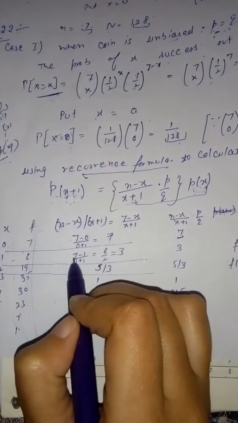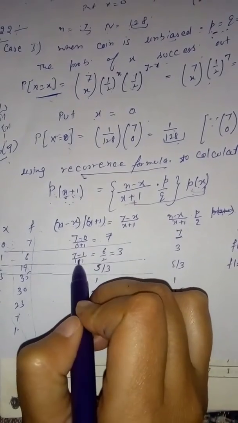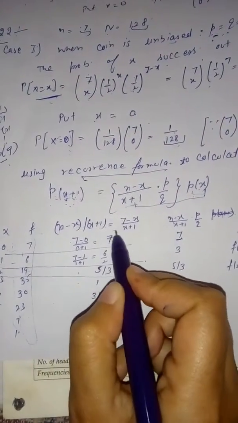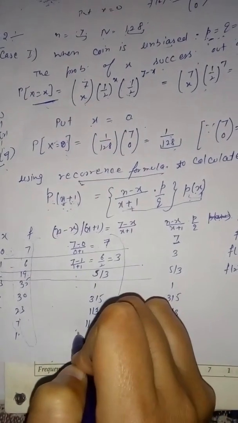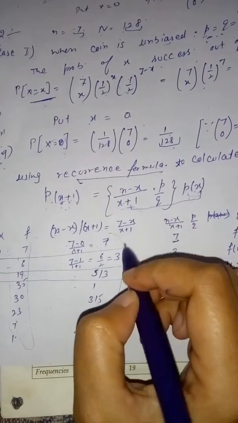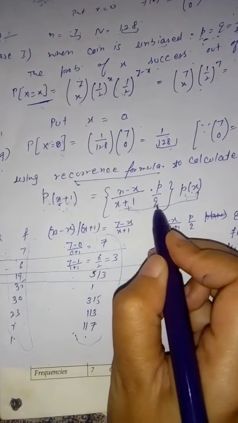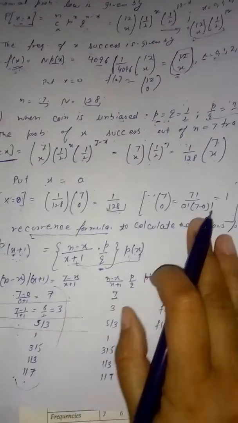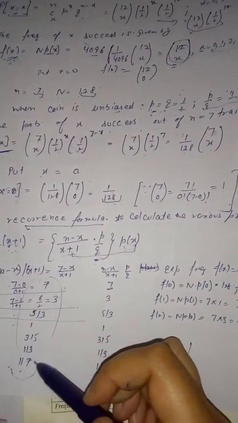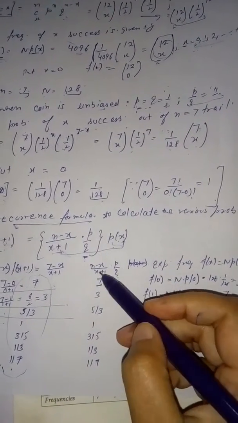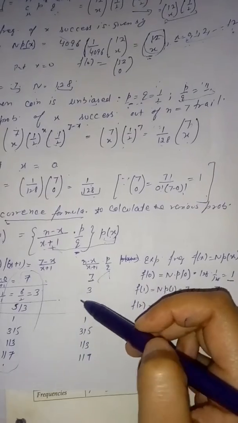Then next put x equal to 1, then 2, 3 and so on, and we get this column. The next step is to multiply the answers of this column by p by q. So p by q is equal to 1. So multiplying by 1, the whole column is repeated.